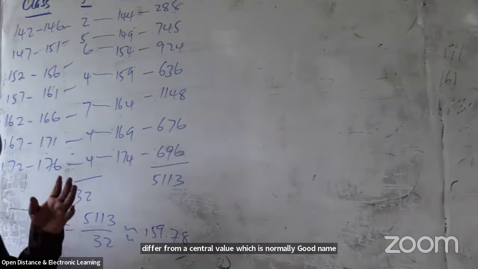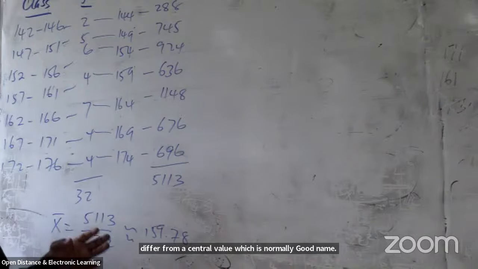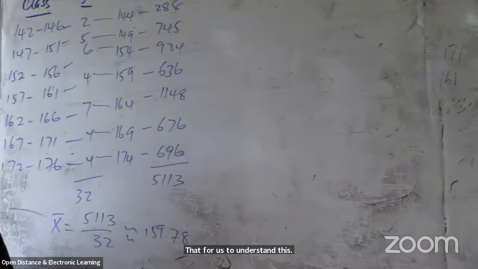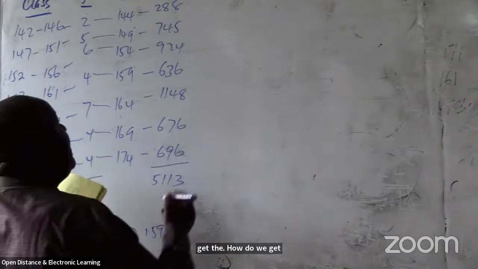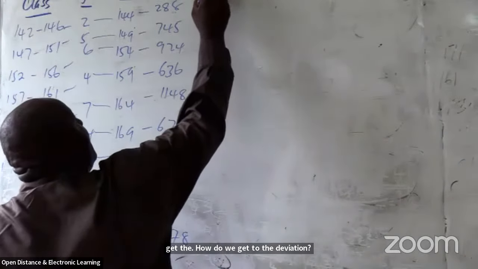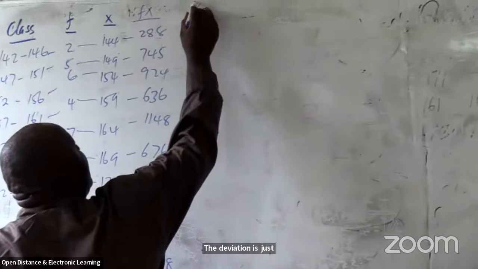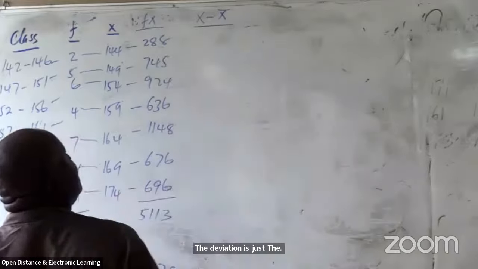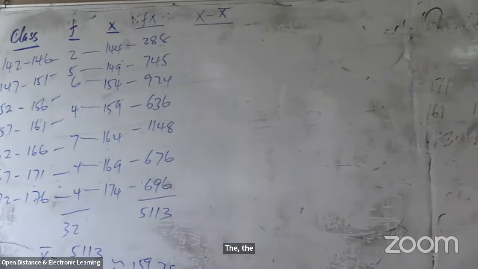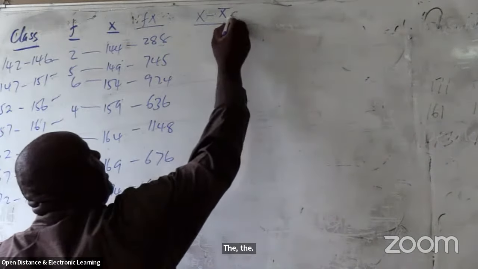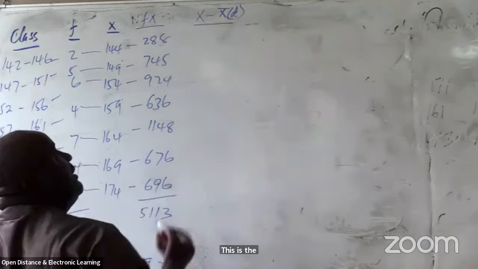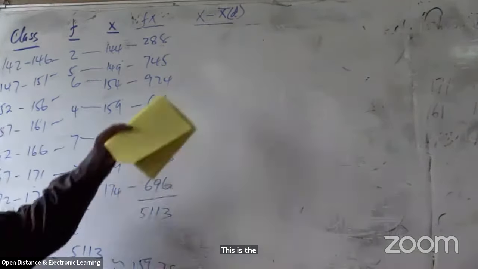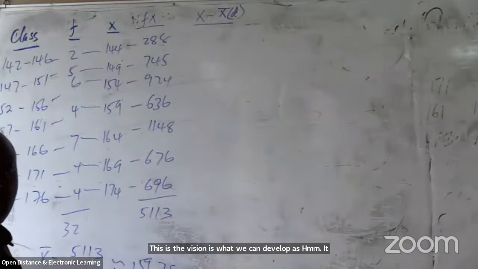For us to understand this, we need to get the deviation. How do we get the deviation? The deviation is just the observation minus the mean. This deviation is what we can denote as D. It will give us positive or negative values.